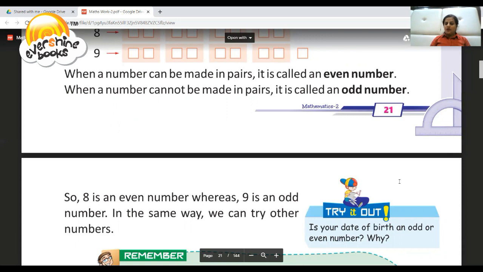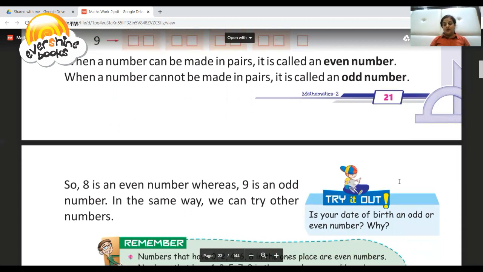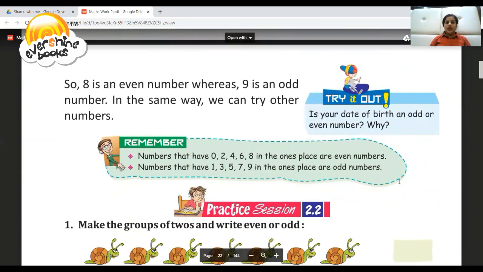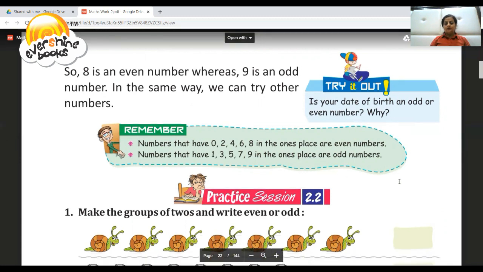When a number cannot be made in pairs, it is called an odd number, that is 1, 3, 5, 7 also. So 8 is an even number, whereas 9 is an odd number. Yes, in the same way, we can try another number also.